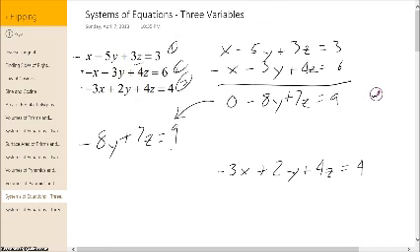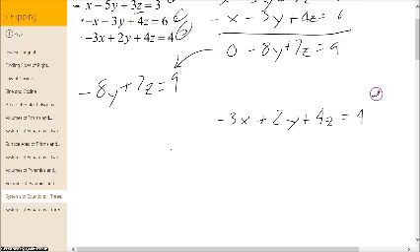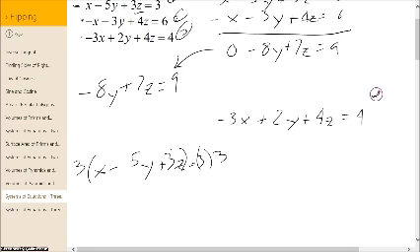So I am gonna be working with x minus 5y plus 3z equals 3, but I want to multiply everything on both sides here. And since I've got a negative 3 over here, I'm going to want a positive 3 over here, which means I need to multiply the x by 3 and therefore everything by 3 in order to keep it even, just like we were doing when we had two variables, okay?